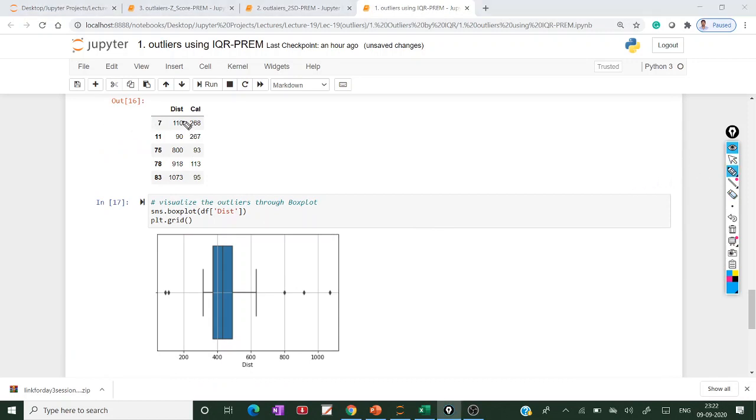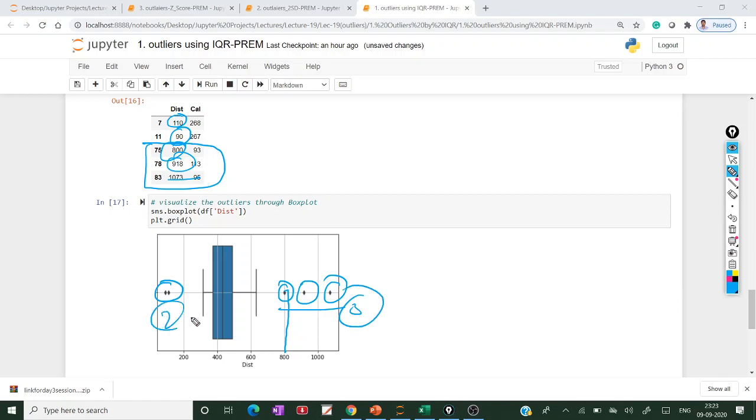If you observe here, the values 100, 110 and 90 are the two outliers on this side, and these three outliers are 800, 918 and 1073, above 1073. So here there are three outliers and two outliers, totally 5 outliers exist.